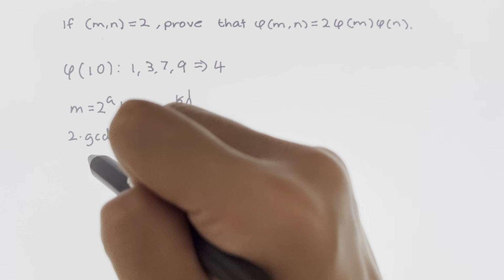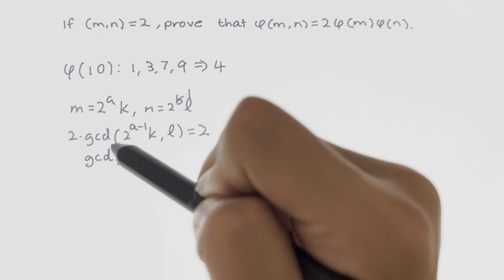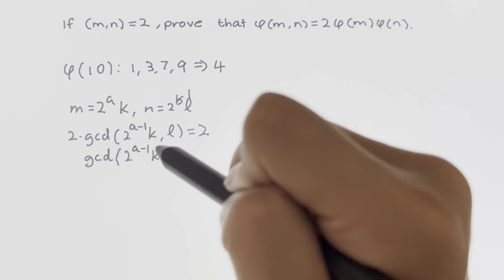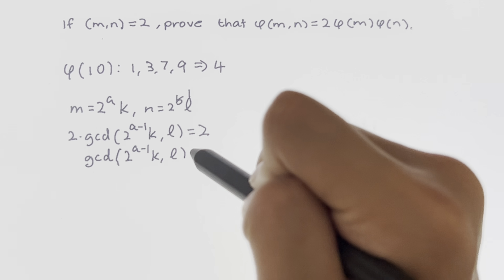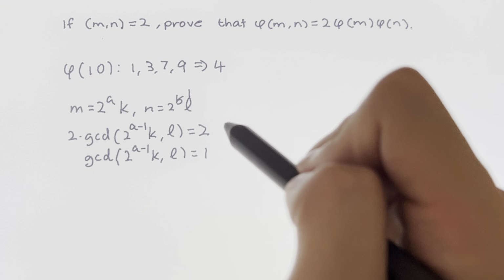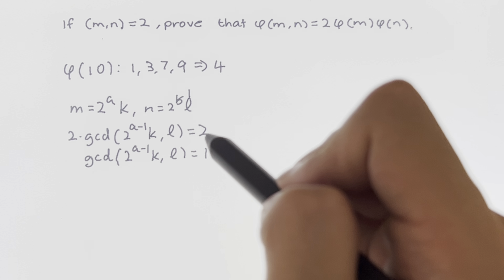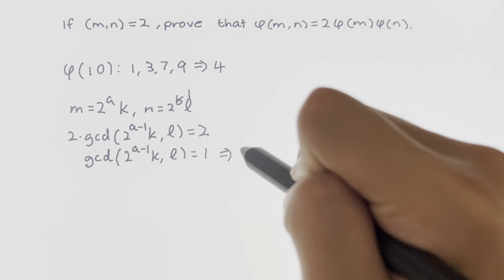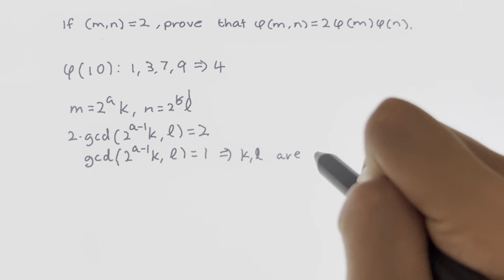This simplifies to the GCD of 2 to the power of a minus 1 times k, and l equals 1. Since l is odd, l shares no common factors with 2 to the power of a minus 1. Thus, we have GCD of k and l equals 1. So this means that k and l are coprime.